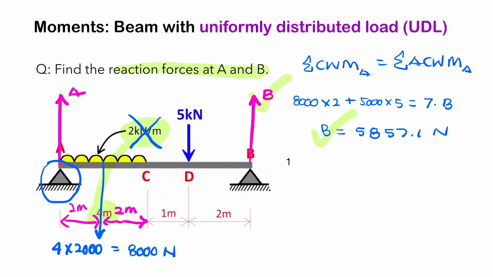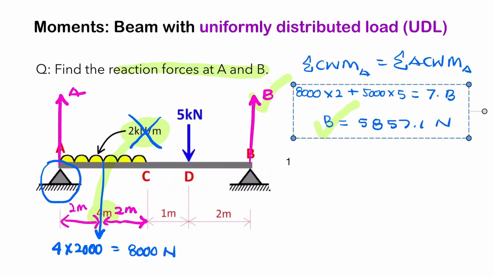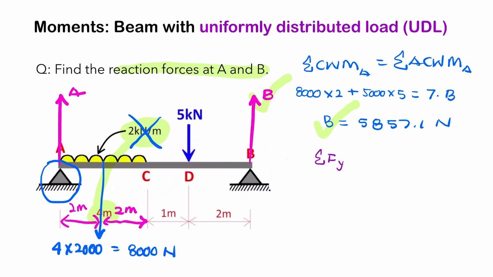And to do that, we use Newton's first law. We say the sum of forces needs to be 0. So the summation of forces needs to be 0. For this object to be in equilibrium, all the forces added together have to be 0.